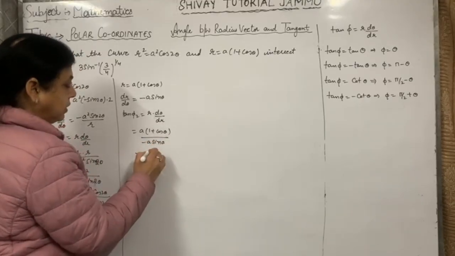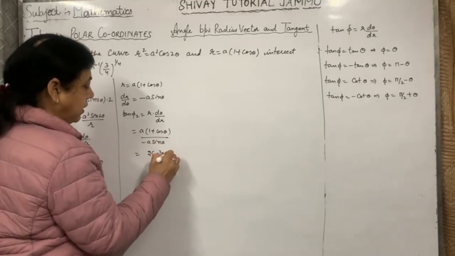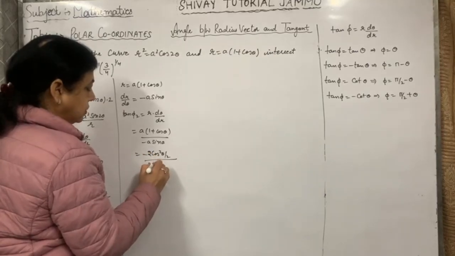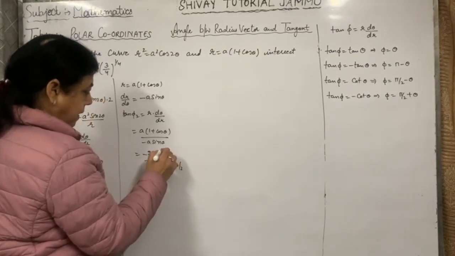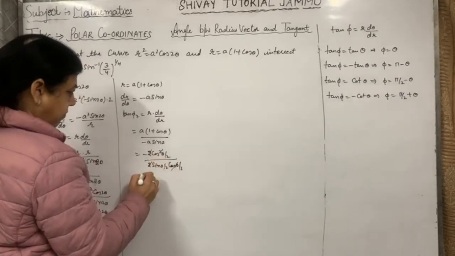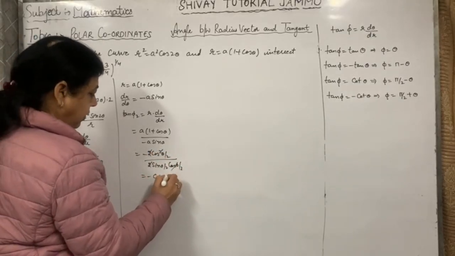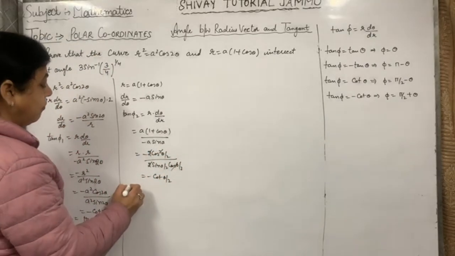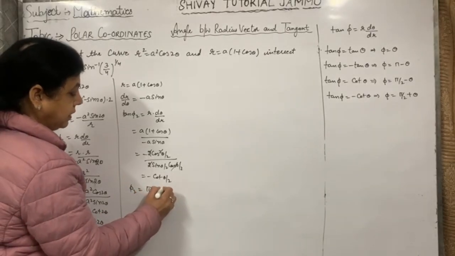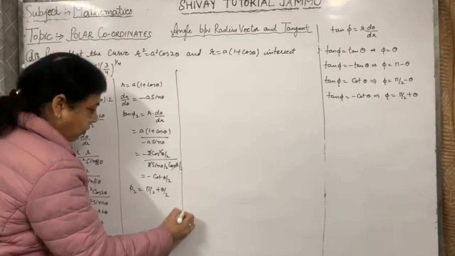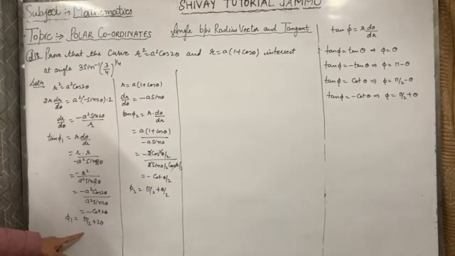A cancels, 1 plus cos theta is 2 cos square theta by 2 and sine theta is 2 sine theta by 2 cos theta by 2. This will cancel. This is minus cot theta by 2 and phi 2 is pi by 2 plus theta by 2. Now, the angle of intersection, when we subtract, we will get 3 theta by 2.